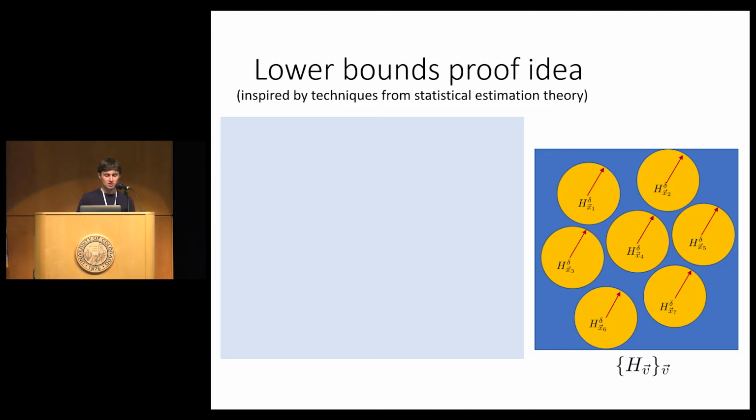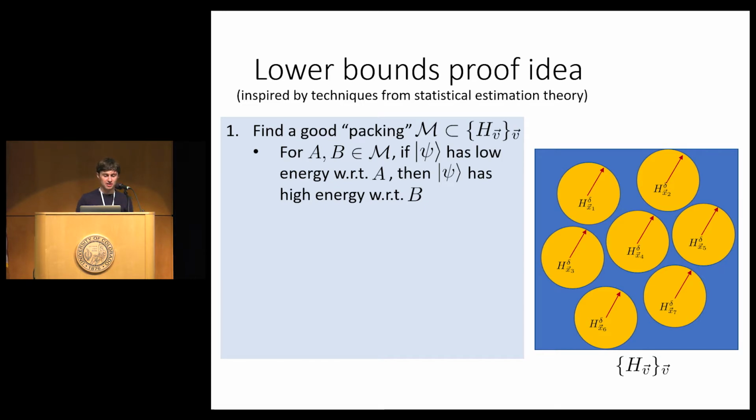Okay, so now I'll briefly sketch the proof idea for the lower bounds. We have this family of Hamiltonians that we want our algorithm to optimize. We actually start by restricting the problem to a subset of these Hamiltonians, which is a good packing in some sense.